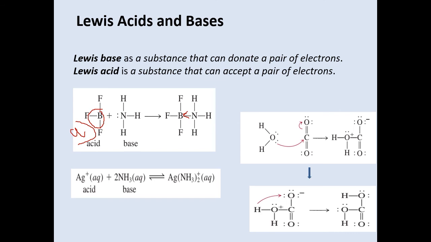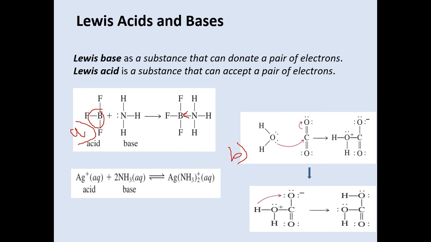Another example, B, is carbon dioxide, CO2, which is able to take one lone pair of electrons from the oxygen atom in water. The oxygen in water has two lone pairs of electrons. It can give one lone pair to the carbon atom in carbon dioxide, and this is how carbonic acid is formed.